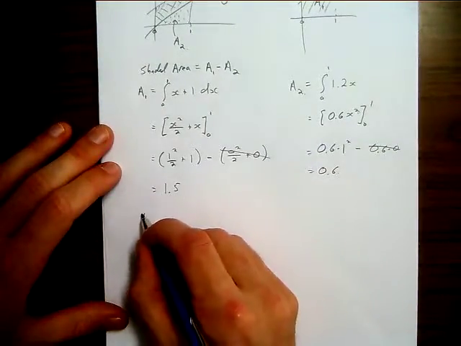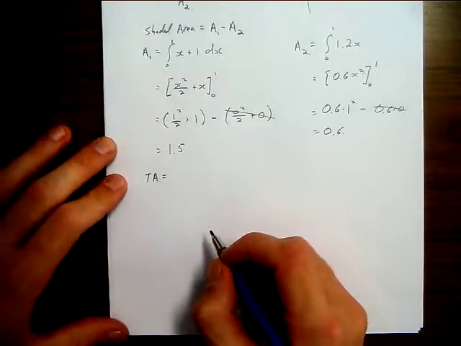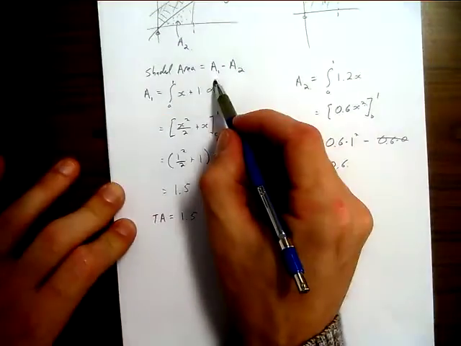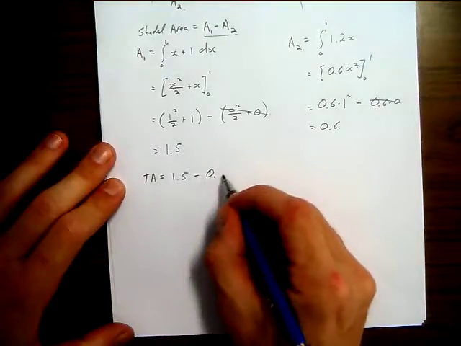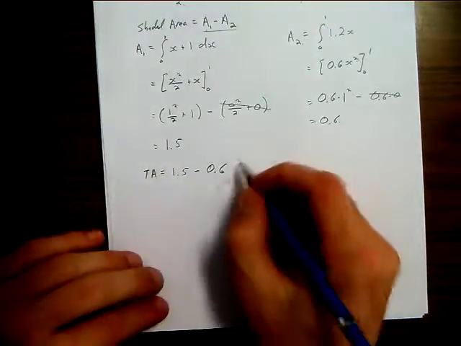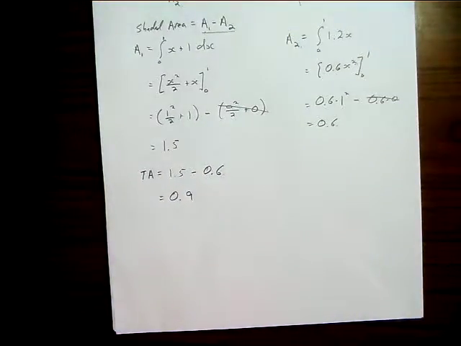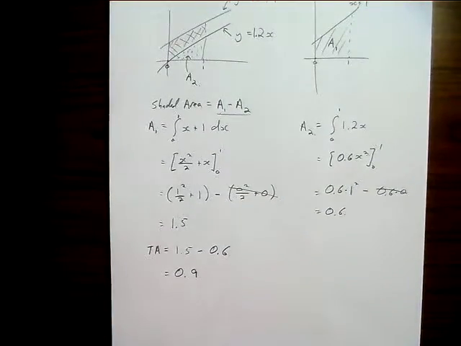So our total area is going to be 1.5 from here, area of 1.5 minus 0.6, which is 0.9. So our area between those two curves across those bounds is 0.9.